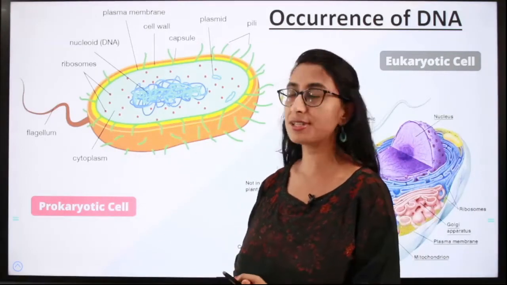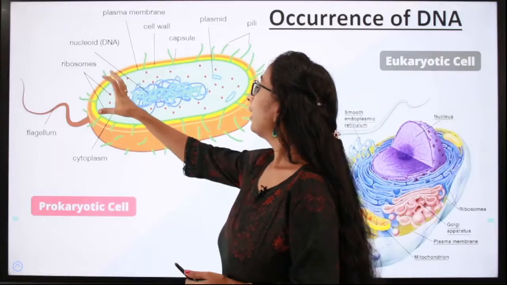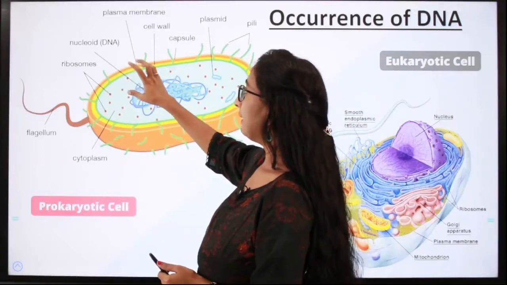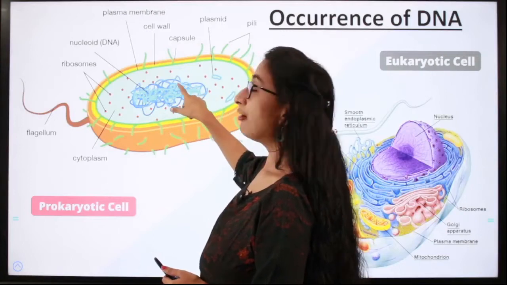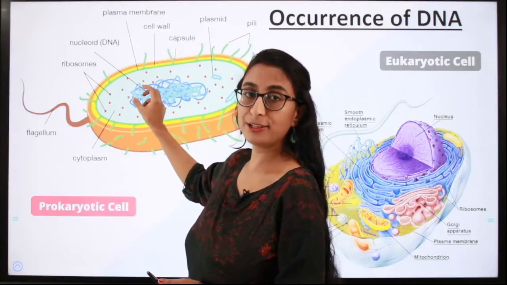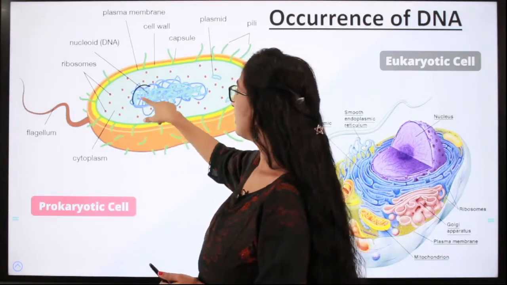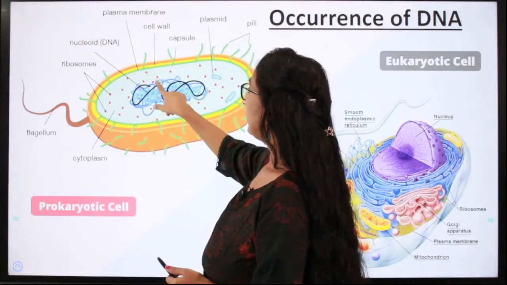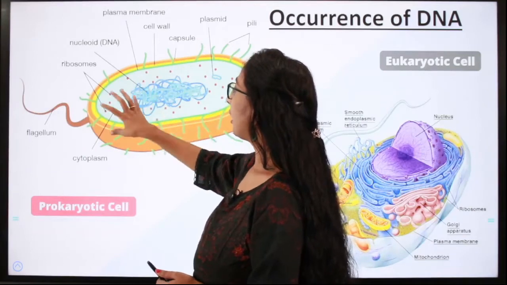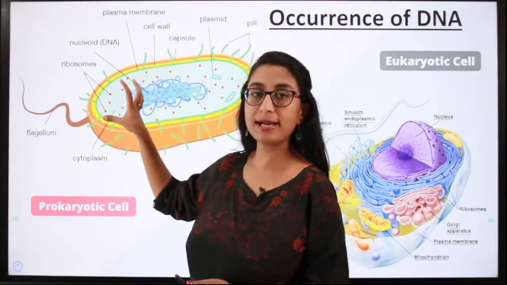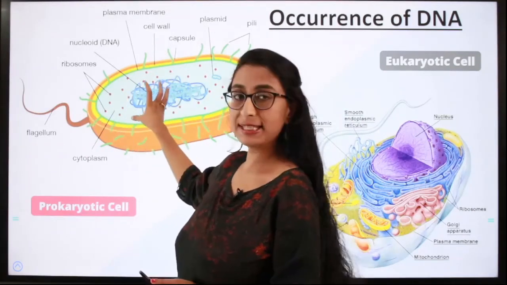in our future lectures. First of all, in a prokaryotic cell, the DNA is present as circular structures freely suspended in the cytoplasm. Here you can see this, isn't it? These coiled structures, circular coiled structures which occur freely in the cytoplasm in a prokaryotic cell.